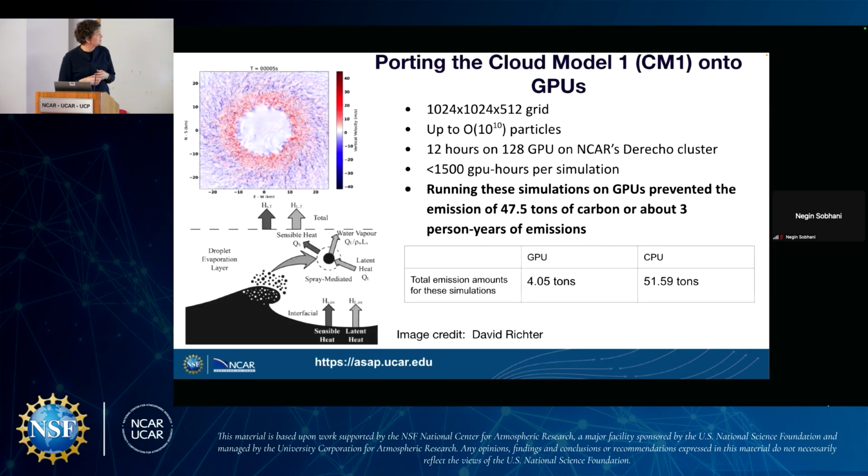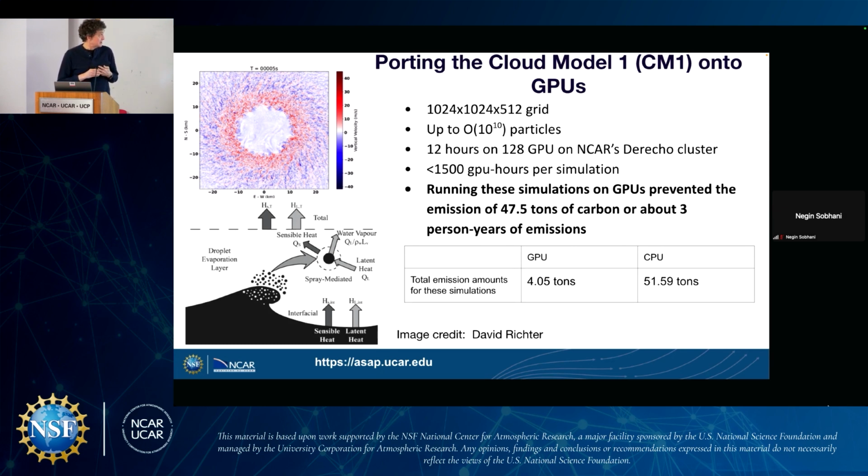So this was the CM1 model, and what we did is we had a 1024 by 1024 by 512 grid. We had up to 1 billion particles, and we were looking at the boundary layer below a hurricane, where waves would inject aerosols into the boundary layer.